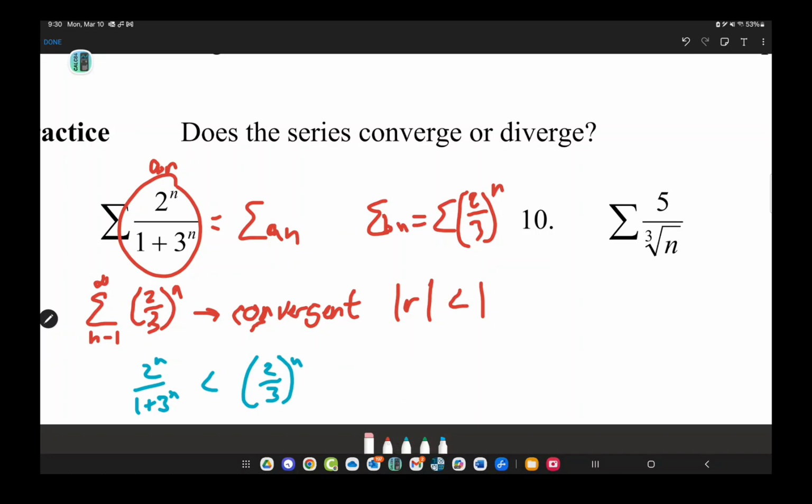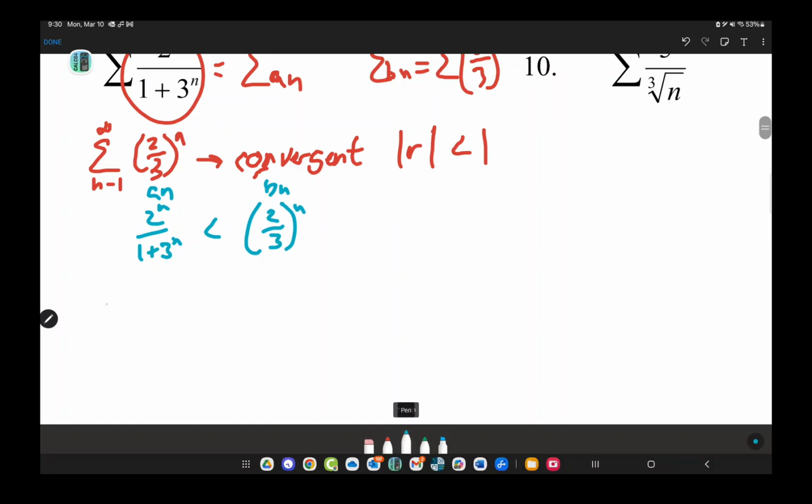So in this case, this is an, and an is less than bn. So the sum as n goes from 1 to infinity of 2 to the n over 1 plus 3 to the n must also converge.